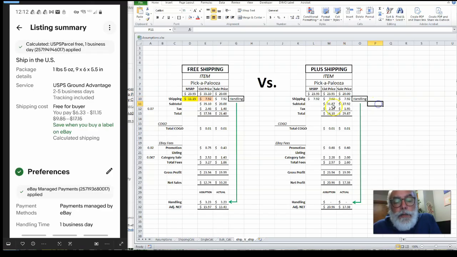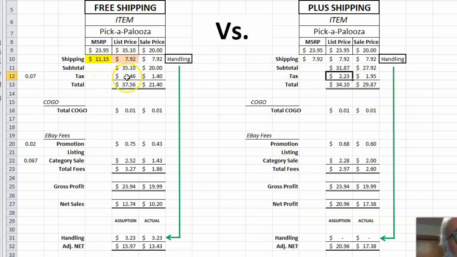The only cost shows up in my subtotal, and that subtotal is the taxable amount. So in this case, you can see the difference here now is $2.32 versus $2.46. So I'm actually paying a little less tax when I realize what the shipping rate is going to be.